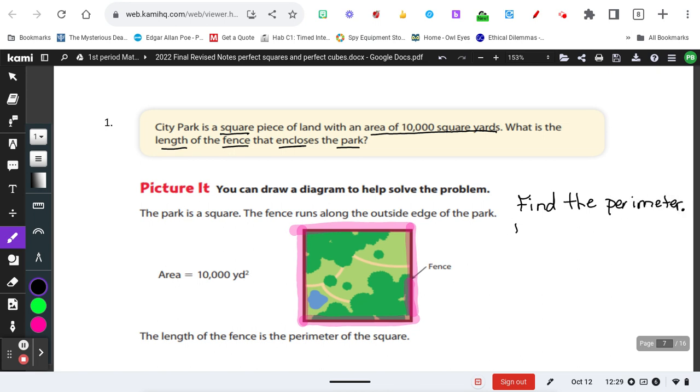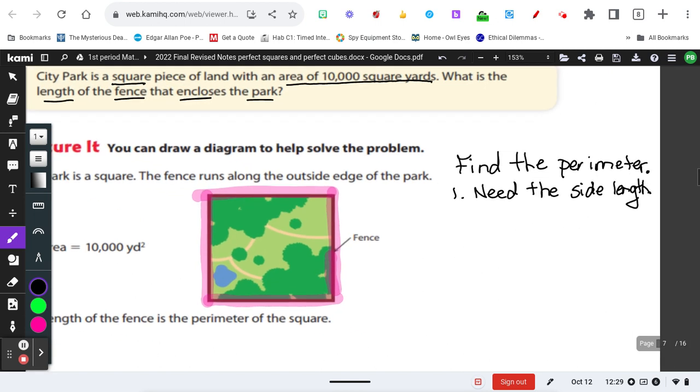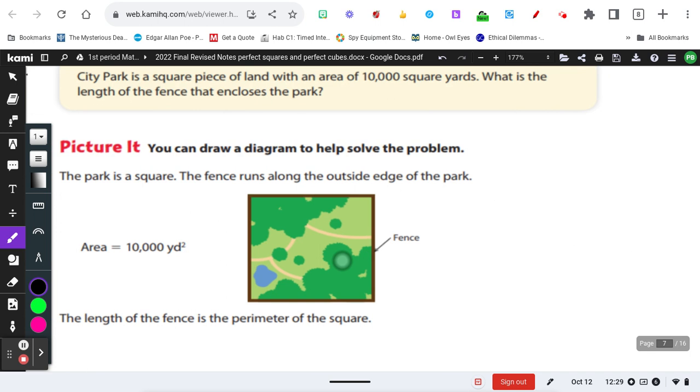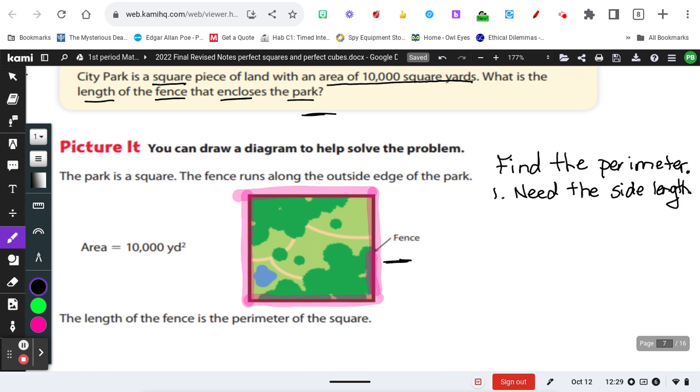To find the perimeter, the first thing you need is the side length. So we need the side length, okay? After you figure out what the side length is, then you just know that you have 4 of these because it's a square, so all of them are the same.